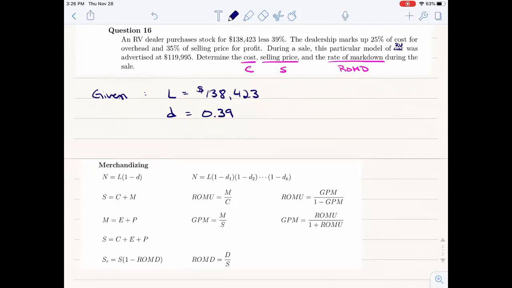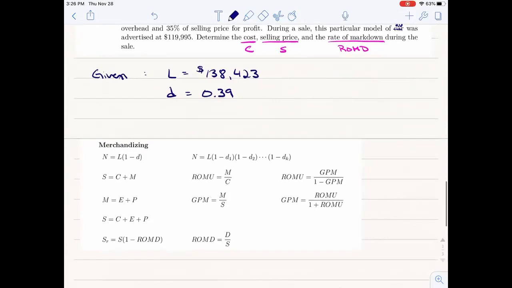And then in the next sentence, we're told that 25% of the cost is to account for the overhead expenses, right? So remember, we use E for the overhead expenses, only because O looks like a 0 and it gets confusing, right? And so E for expenses.